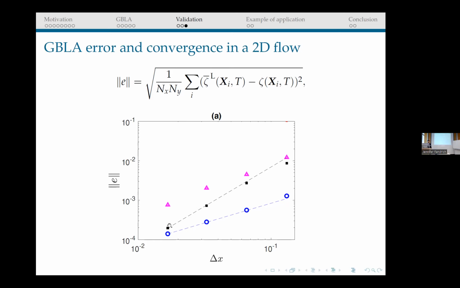The black one is my GBLA with cubic interpolation, and the magenta is GBLA with linear interpolation. Overall for this case, the errors of particle tracking at the beginning were lower than GBLA, but when I lowered the delta x, they converged. Also, the rate of convergence of GBLA was even faster than particle tracking. The version with linear interpolation still has higher error, but it's convergent.